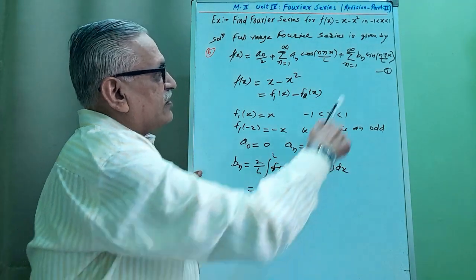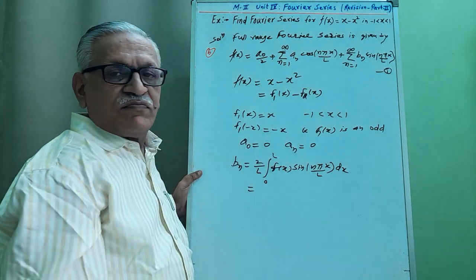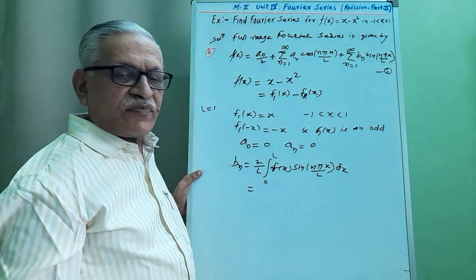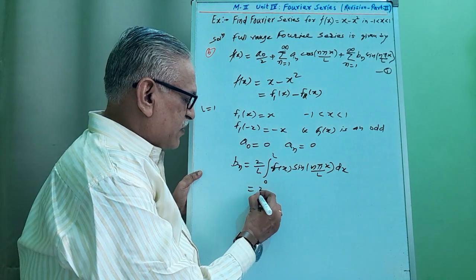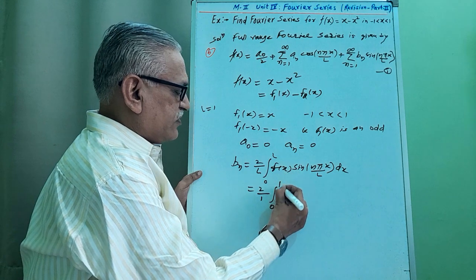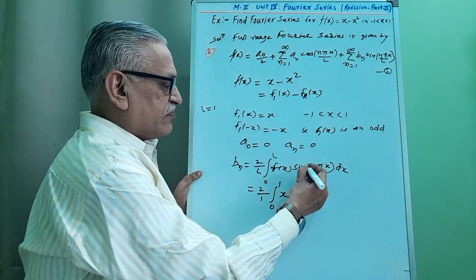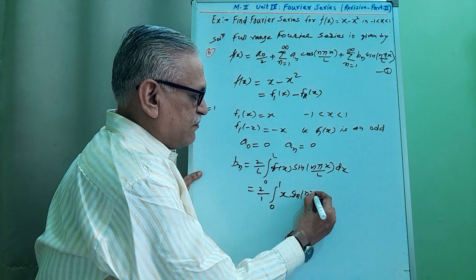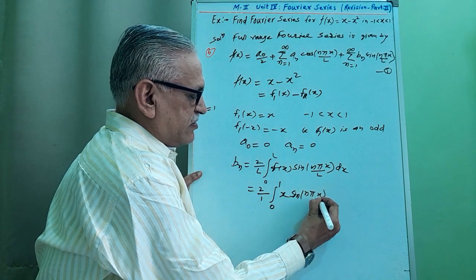Substituting the value of L, here minus 1 to 1, minus L to L, we have L equal to 1, and therefore 2 by 1 integration from 0 to 1, f x is x, sine of n pi x.